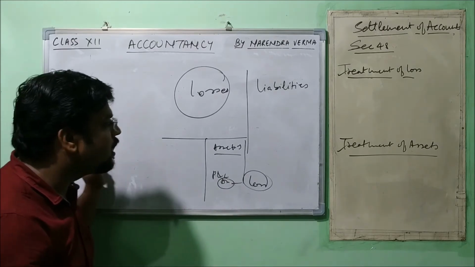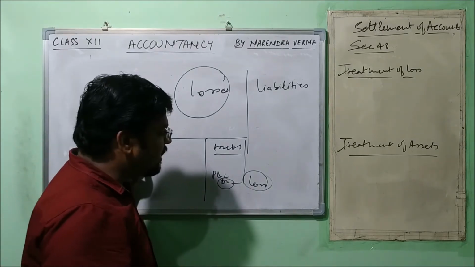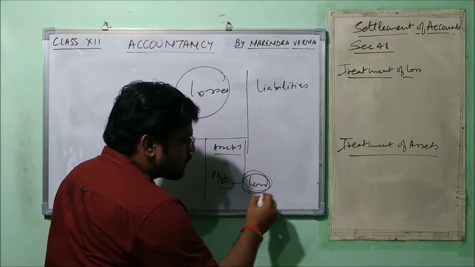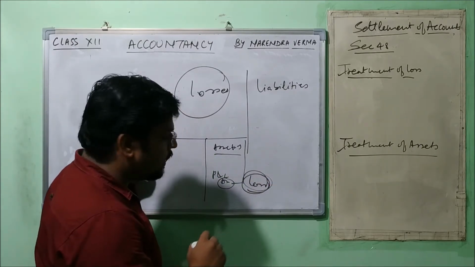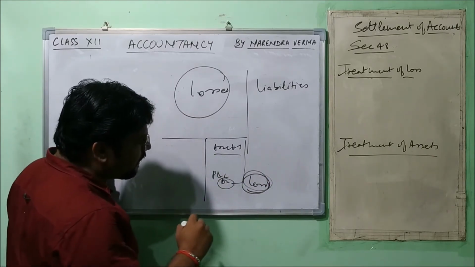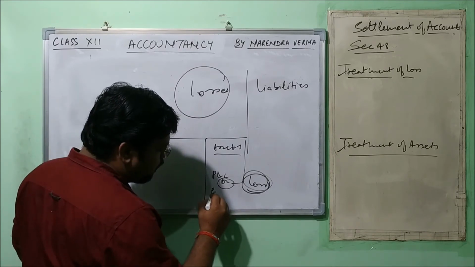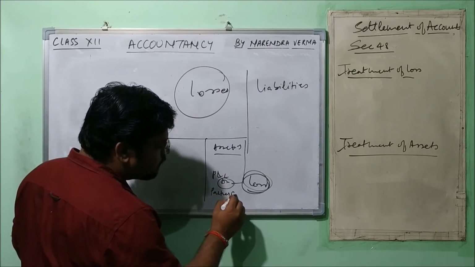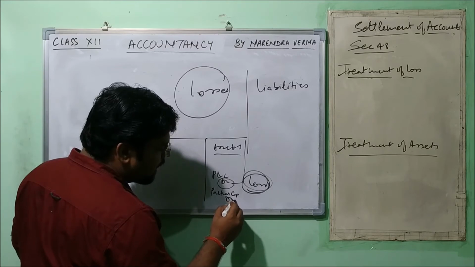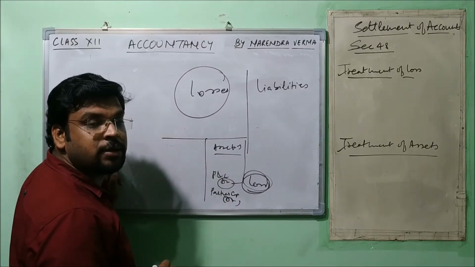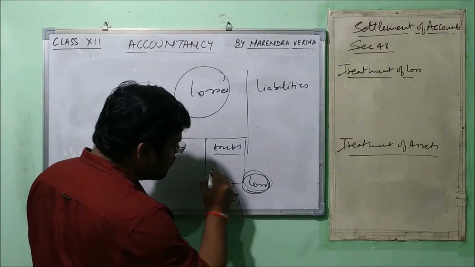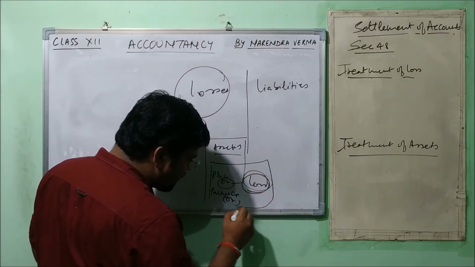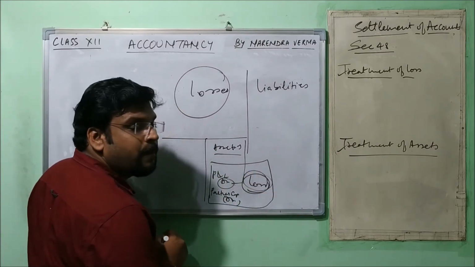Say for example, any firm is being dissolved and they have accumulated loss. That is 1 point. Another, sometimes you must have seen in a question, the particular partner's capital is also given, meaning debit balance of partner's capital.